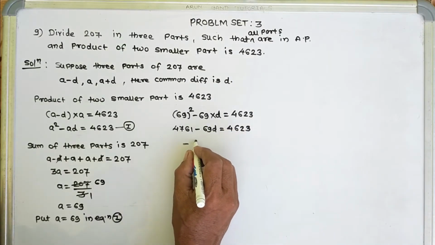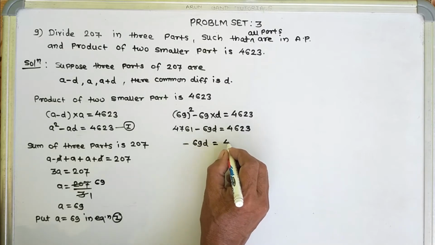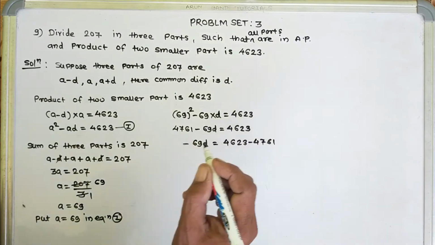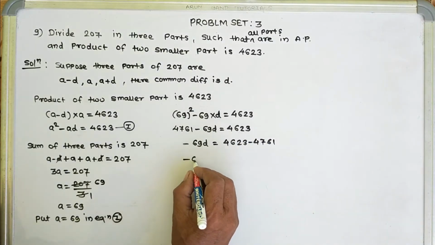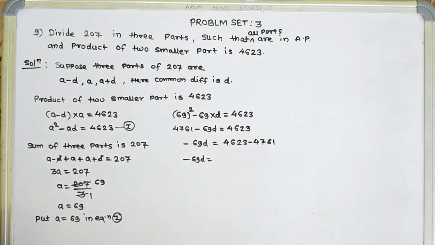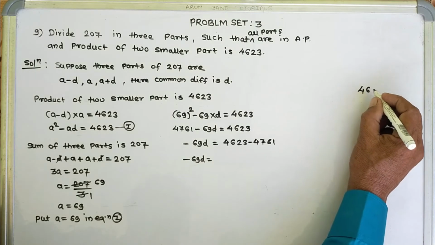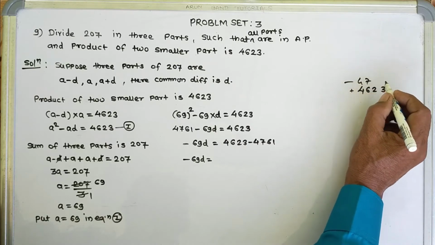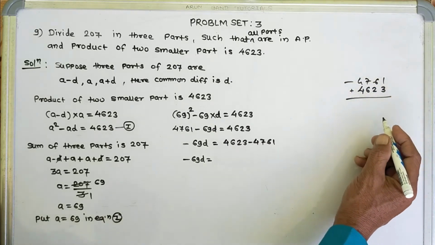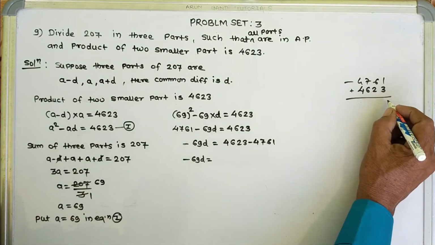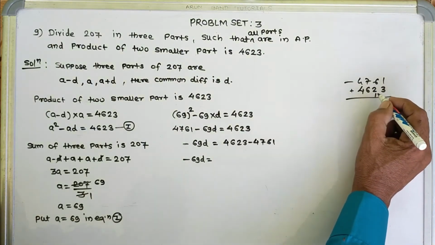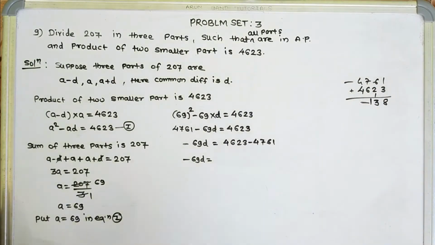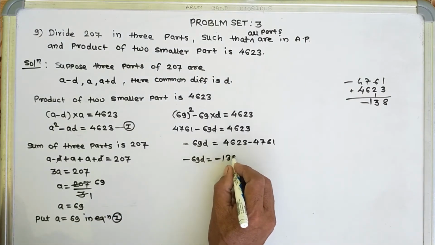Now minus 69d equal to 4623 minus 4761. Here is 8, again carry 6 minus 3 is 3, 7 minus 6 is 1. This is 138 with negative sign. So this will be minus 138.